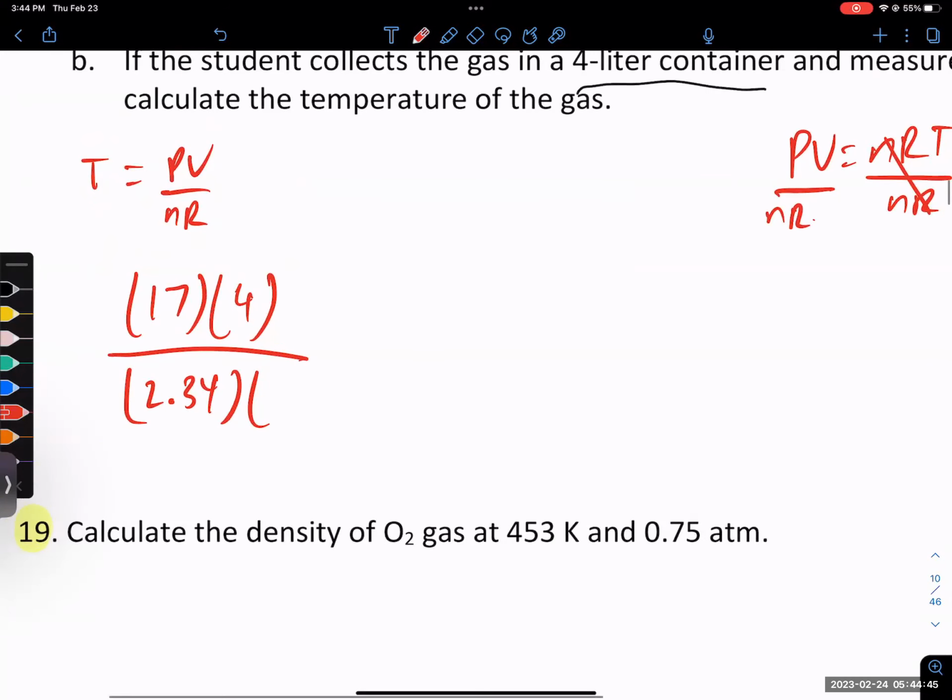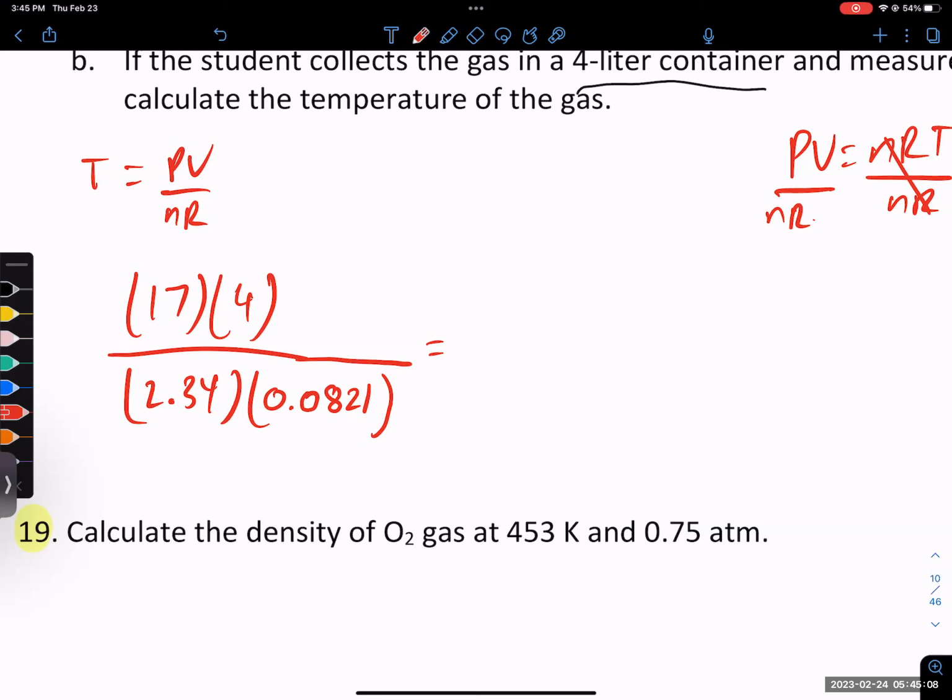R is a constant. So it's 0.0821. Exactly. R is always going to be that number until you get to Gen Chem 2.